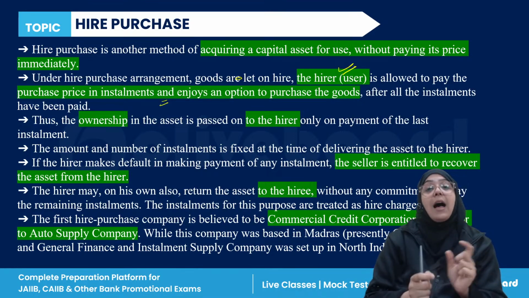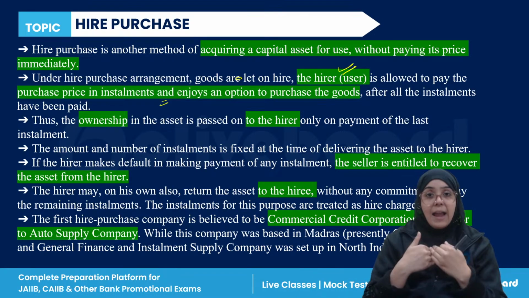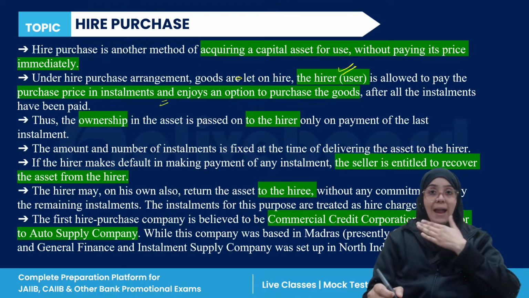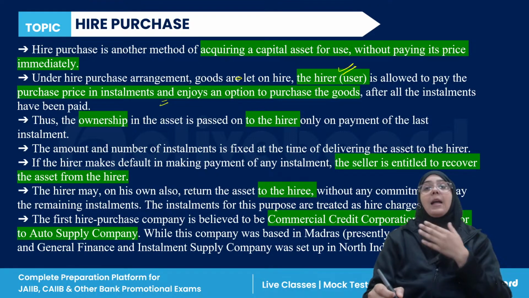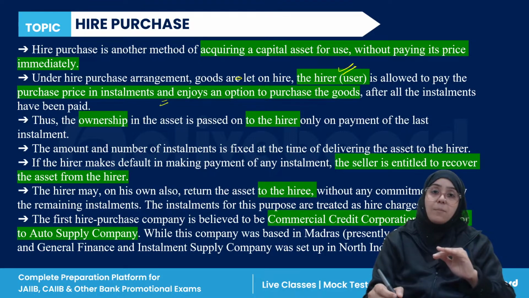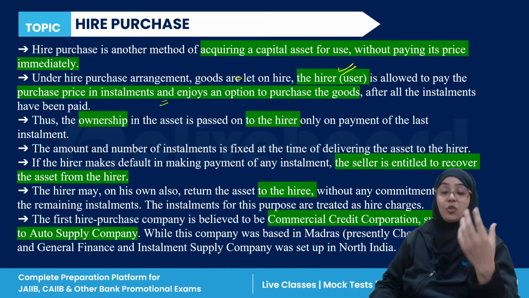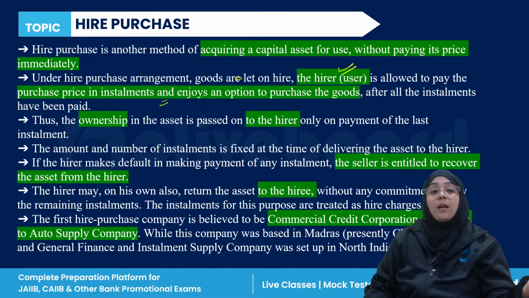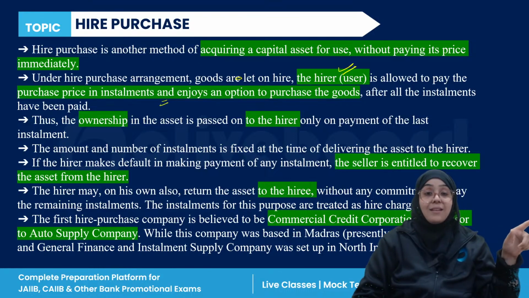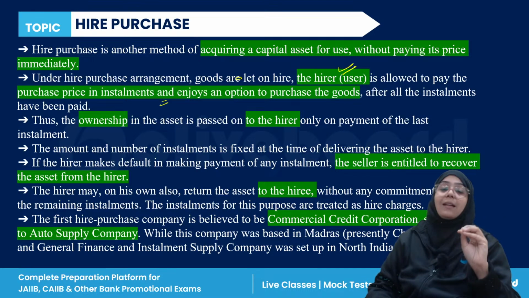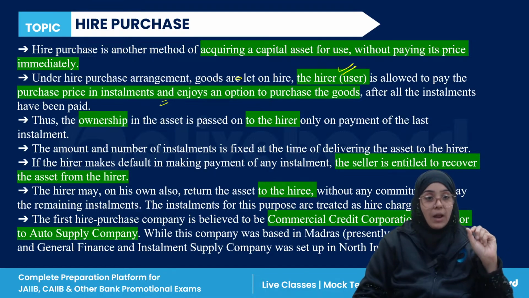Now if the hirer defaults on the payment, the seller is entitled to recover the asset from the hirer. So I have possession of the asset, I am using it, and I'm paying the installment price. But for example, if I default and I'm not paying the installment on time, then the seller has the full option to recover the asset from the hirer, right?